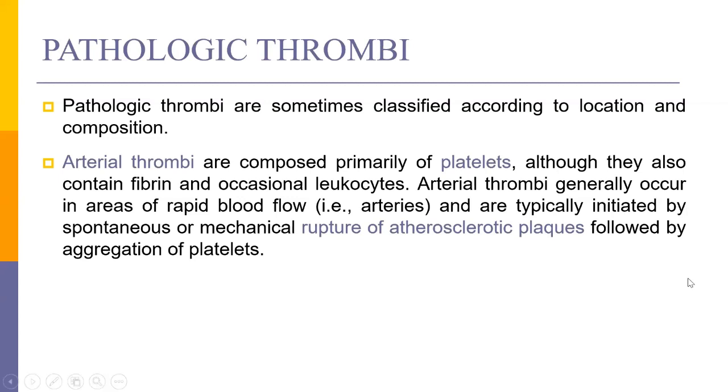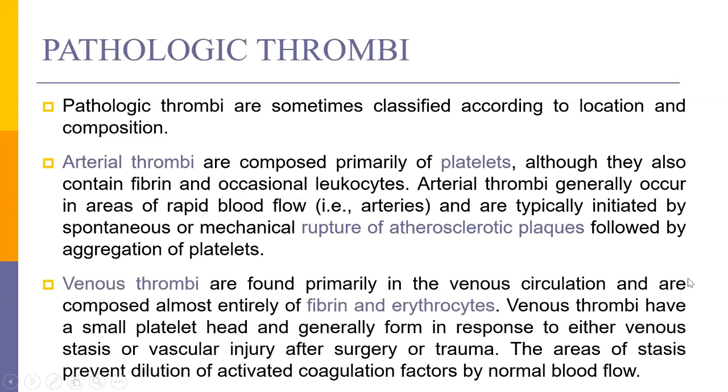So arterial thrombi mainly occur in areas where there is rapid flow, and they contain fibrin. The venous thrombi are in the venous circulation and are composed entirely of fibrin and erythrocytes. Venous thrombi have a small platelet head and generally form in response to either venous stasis or vascular injury after surgery or trauma.